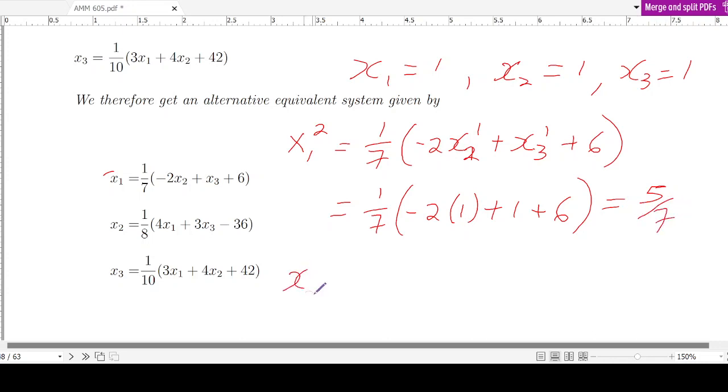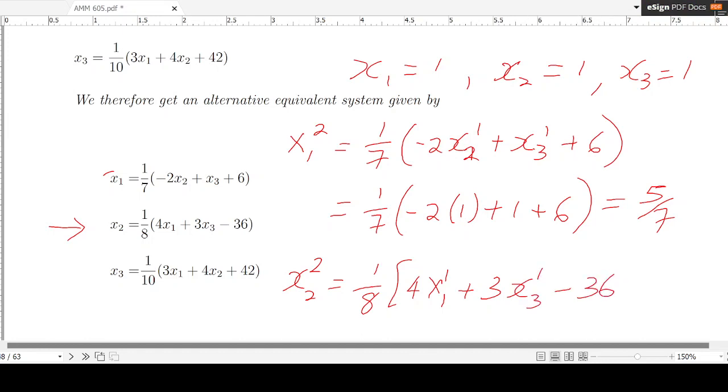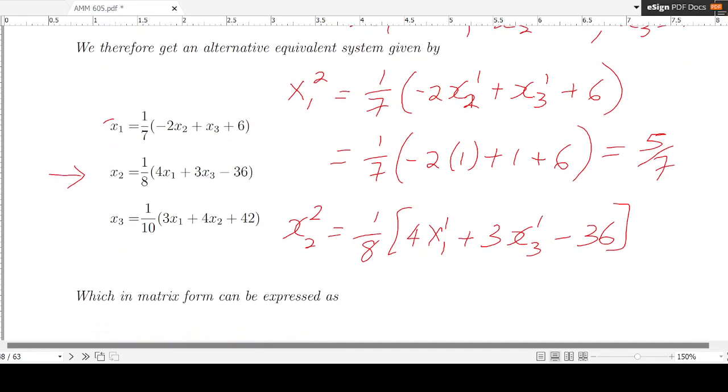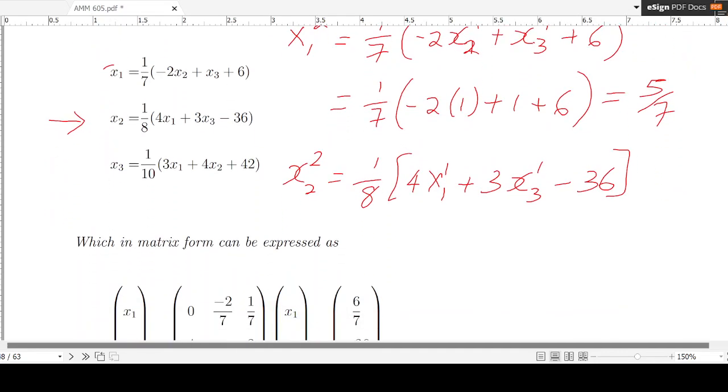We can write x2 from the second equation here as 1 over 8 into 4 x1^(1) plus 3 x3^(1) minus 36. And we work out with x1^(1) equal to 1 and x3^(1) equal to 1.